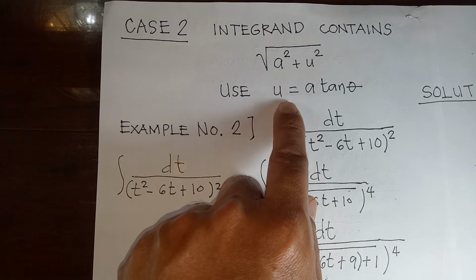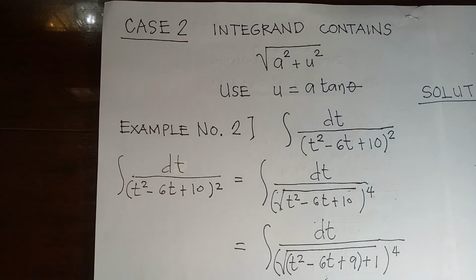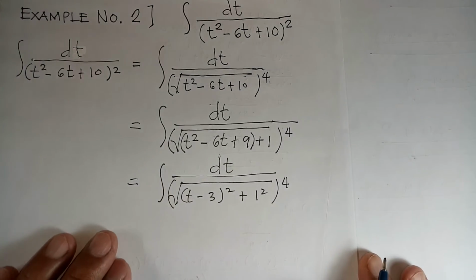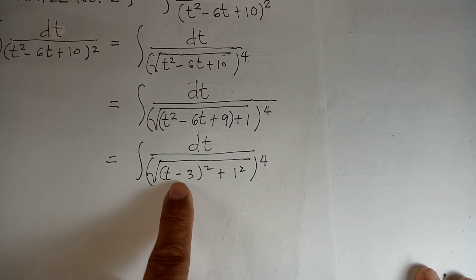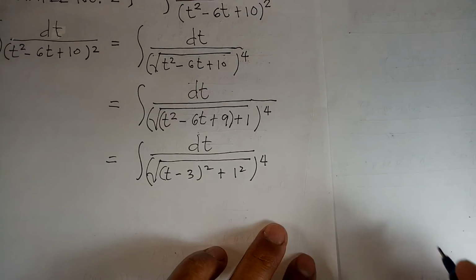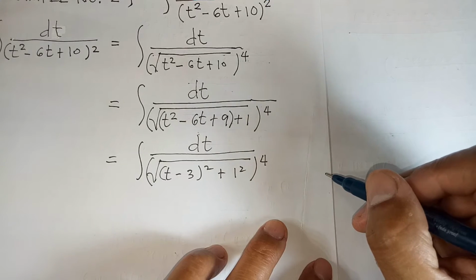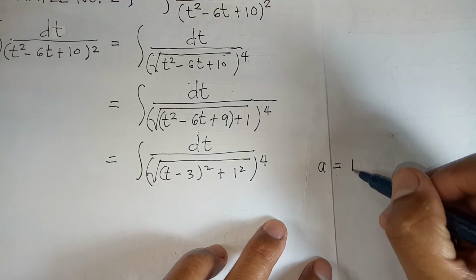At ang ating substitution ay u equals a tangent of theta. Okay, so dito, sa integral of dt divided by t minus 3 squared plus 1 squared, ang a natin ay 1. So, a equals 1.